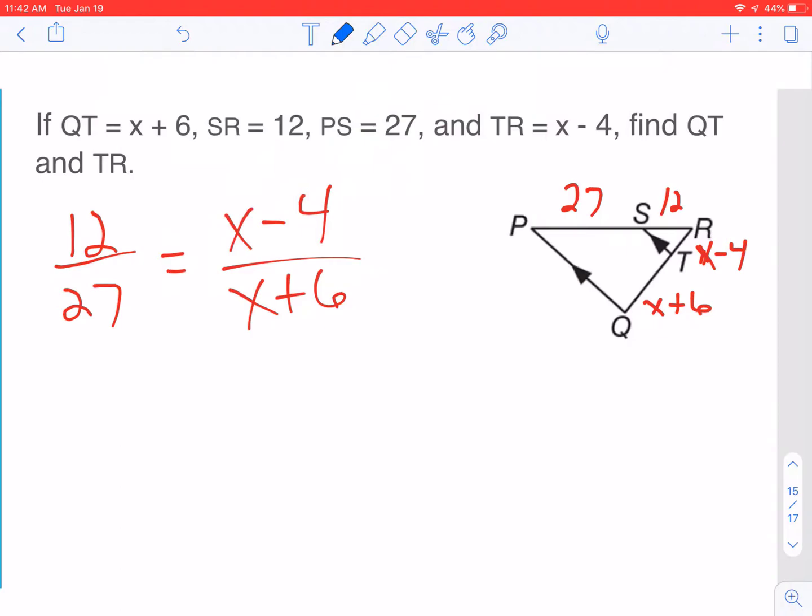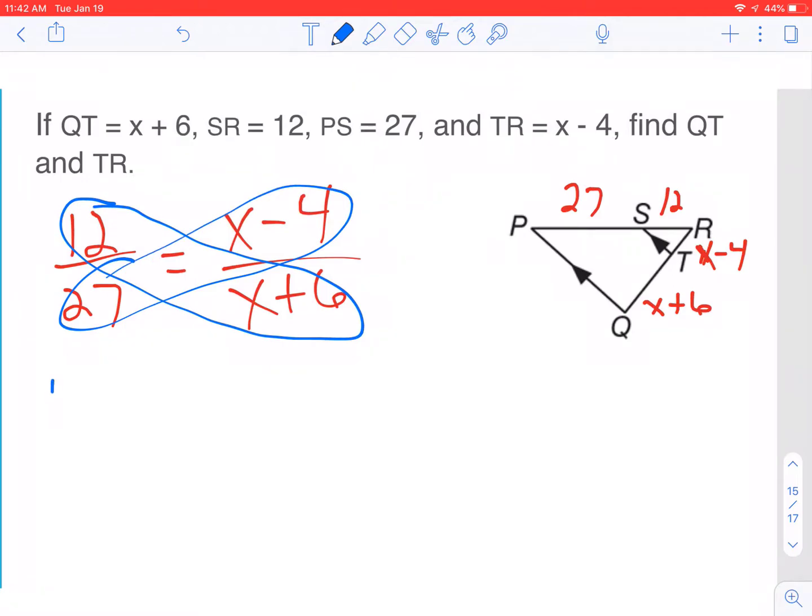Okay, so we are going to cross multiply once again. So on my left side, I'm going to have 12 times x plus 6. And on the other side, I'm going to have 27 times x minus 4.